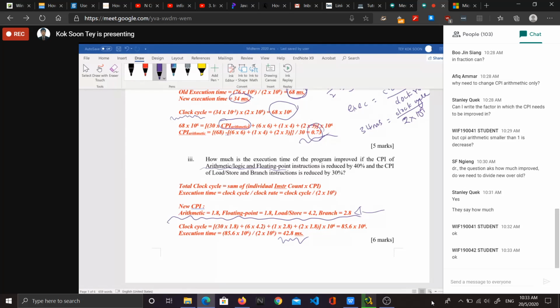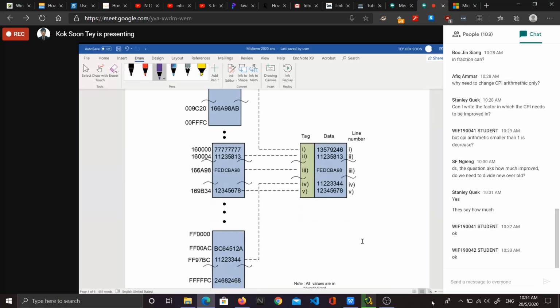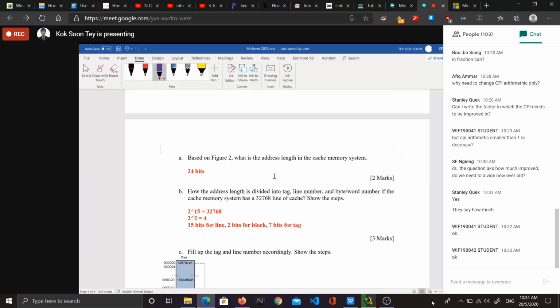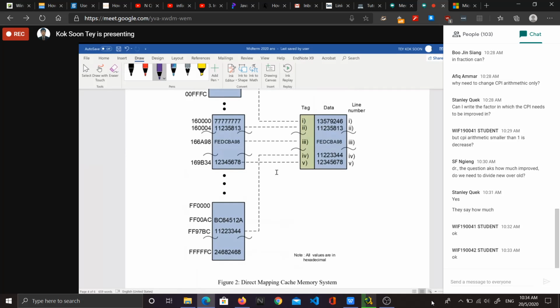If no questions, we go to the next one. Your final question. So this is your direct mapping. Based on figure 2, what is the address length in the cache memory system? Address length. So how do we know? It's 24. From where can we know?